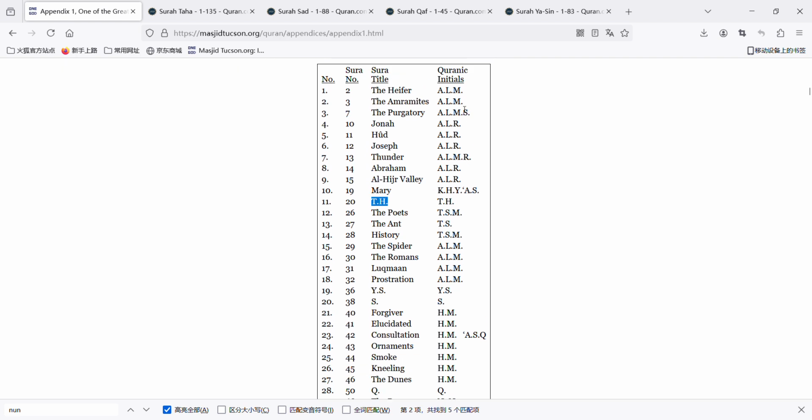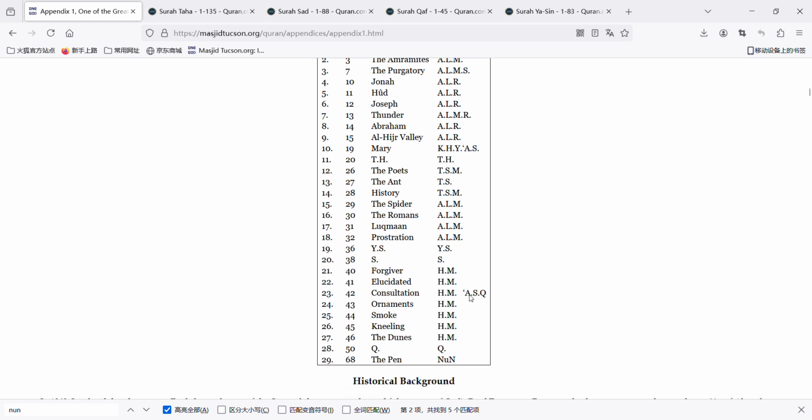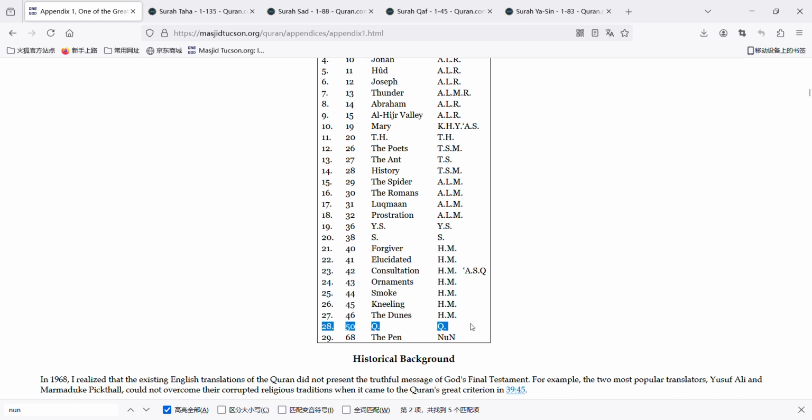And if one of the initials is used only one time, including those surahs, Taha, Yasin, Sad, Kaf, and Nun, it is always referring to the Quran.